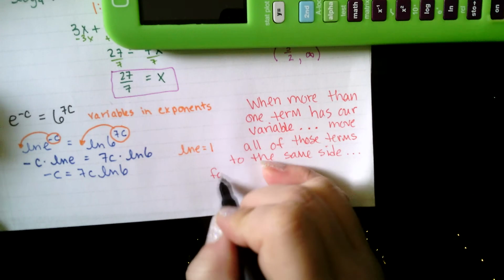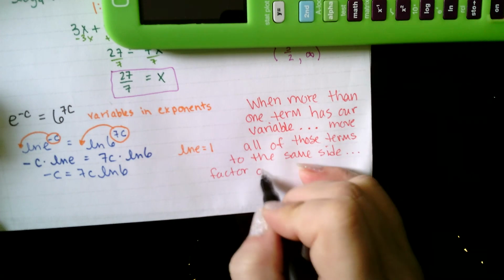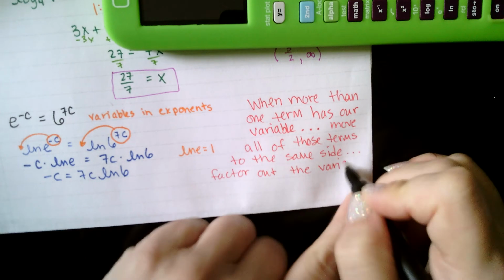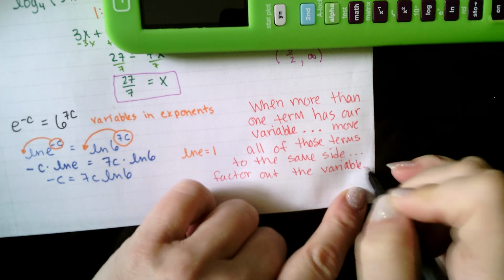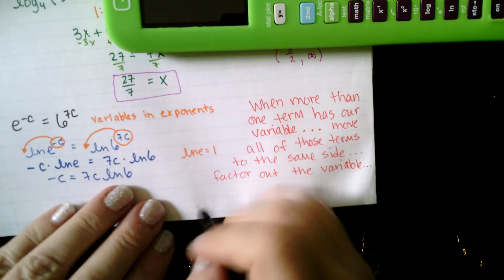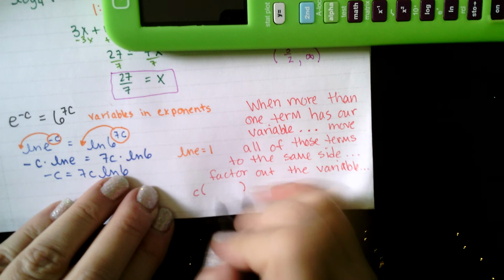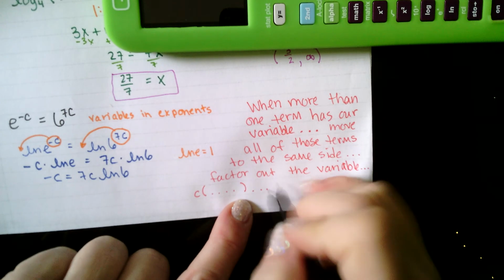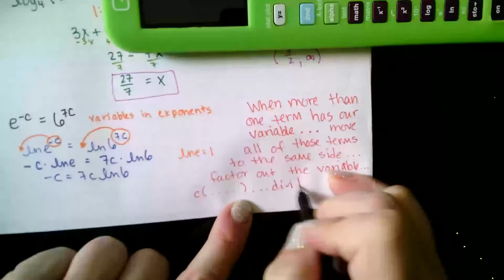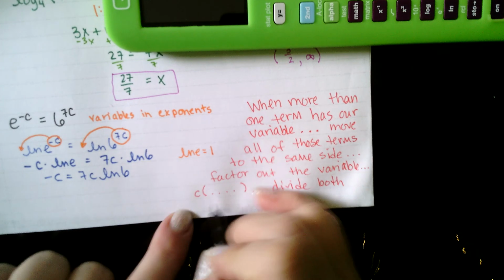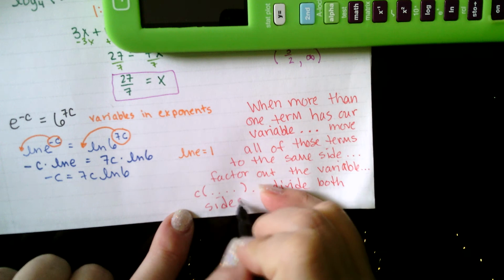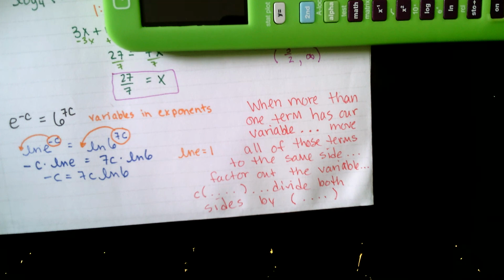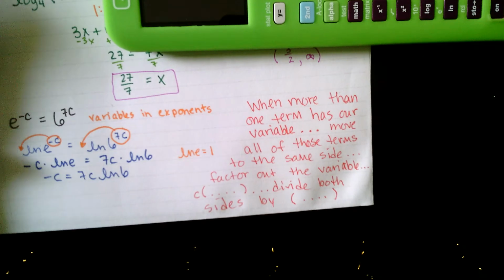Then you're going to factor out the variable. In this case, it's going to be a c, so we'll have c times some parentheses. And then divide both sides by the parenthesis. So that's going to be our strategy.